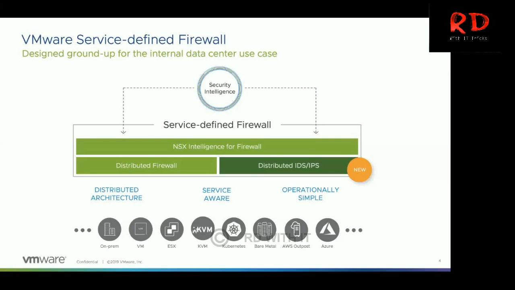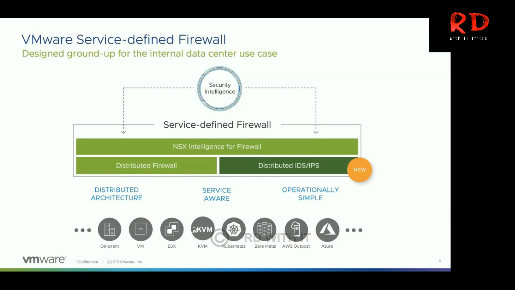Of course, on top of that, which is what we'll zoom into soon, is IDS and IPS. This is an amazing new capability that we have, and it's something that nobody else offers. Typically, IPS, IDS is done with physical appliances. Instead of that, we're doing this in a distributed architecture, which is aligned with our AVI load balancing.